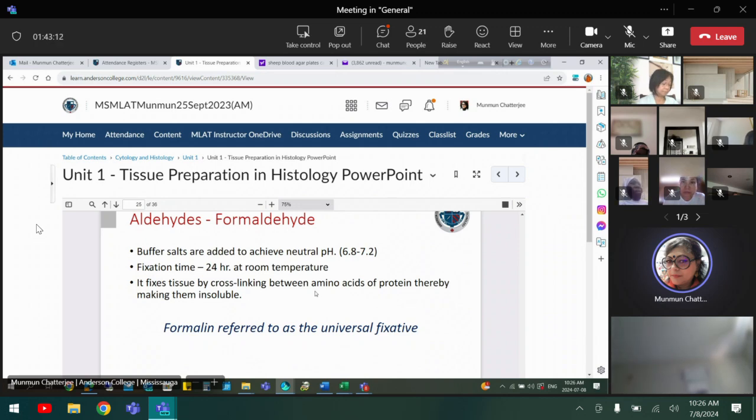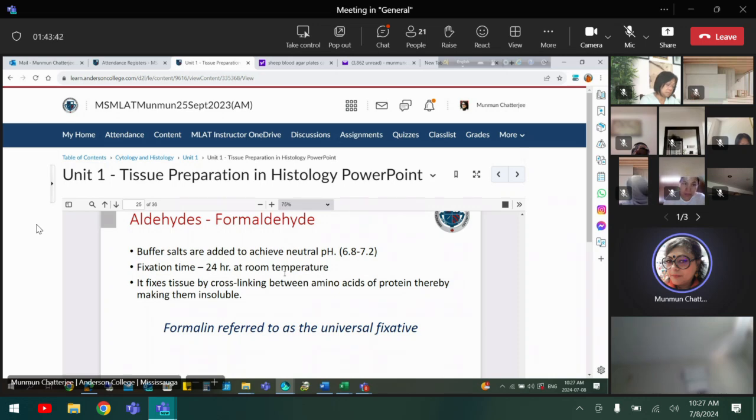You may not need to remember this one; it is a little bit high chemistry. But you have to remember the pH: try to stay at neutral pH 6.8 to 7.2, keep it 24 hours, at room temperature in the formalin.